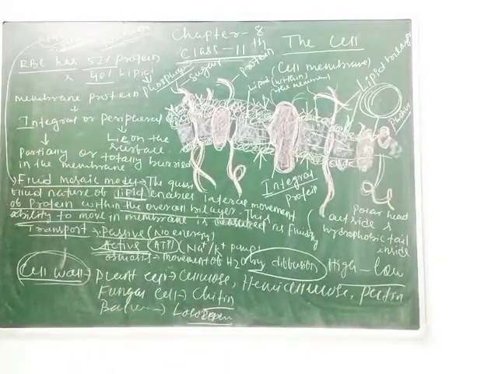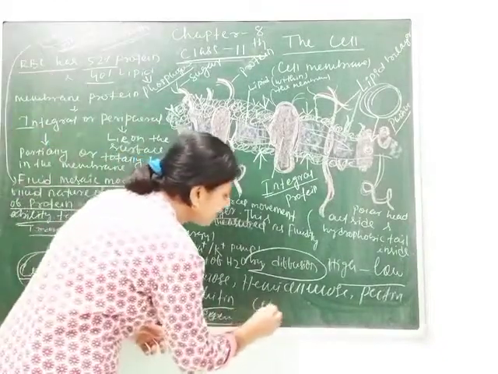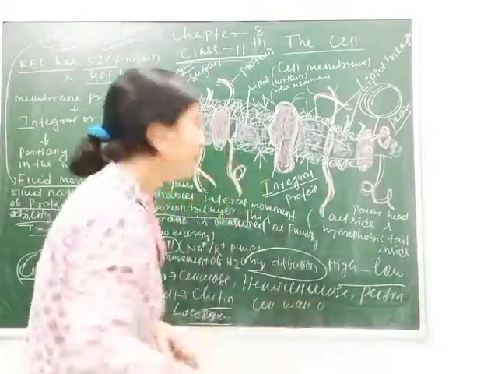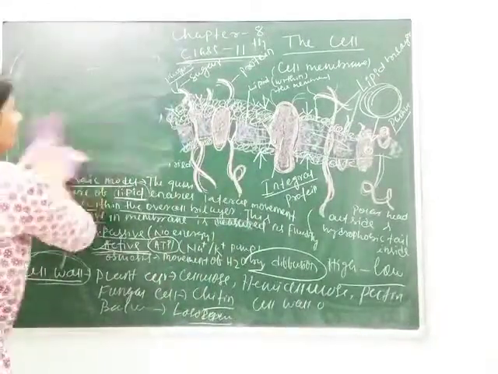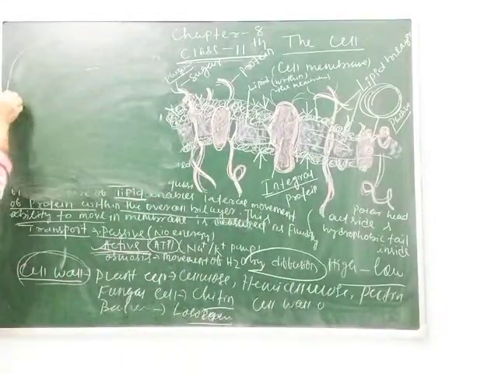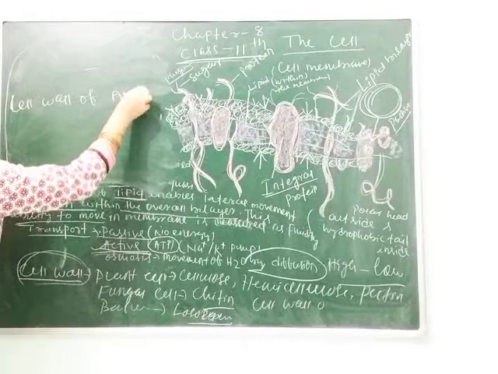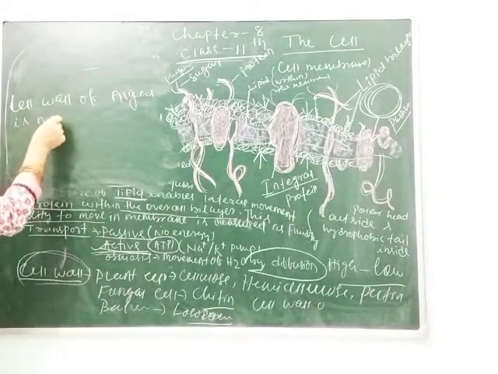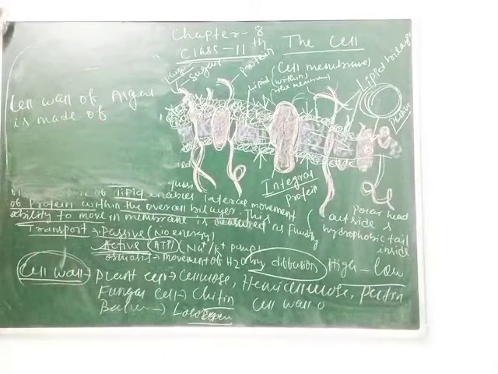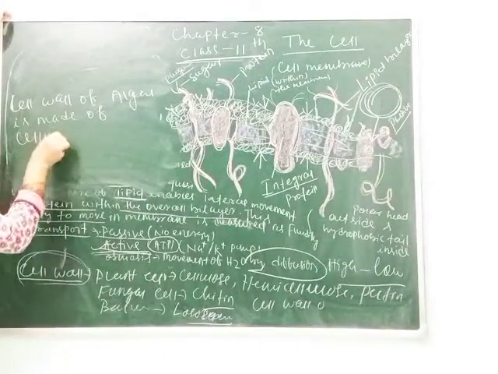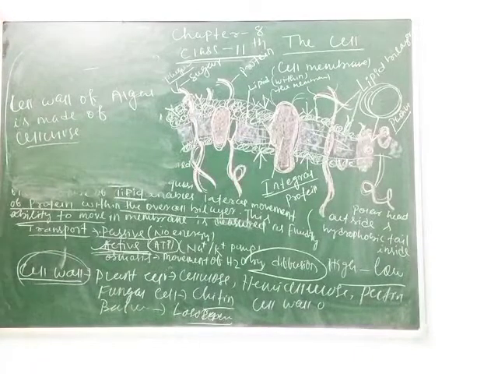Clear, students? Again, if we see the cell wall of algae, then it is made up of cellulose, galactans, mannans, etc. Some algae cell walls are made up of cellulose. You know about cellulose because some algae show photosynthesis. That's why we can say that the cell wall of algae is made up of cellulose.